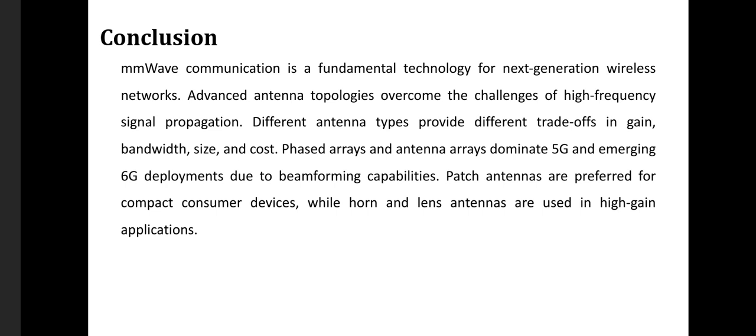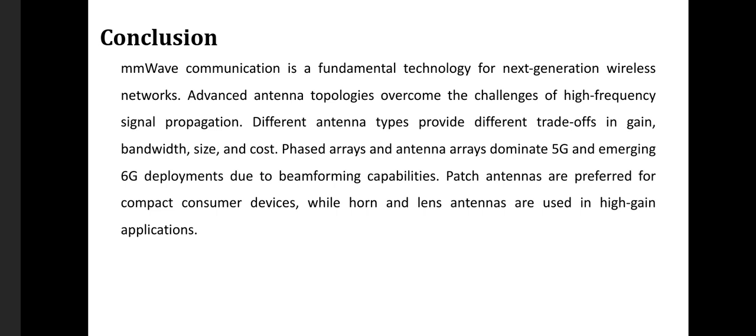When I'm going for horn antennas, these are large in size, but they are capable of sending the signals from transmitter to receiver over a larger distance. And these are the different types of topologies we have covered. Phased arrays and antenna arrays are the major things we have to focus on when we come to millimeter wave or next generation terahertz communication.